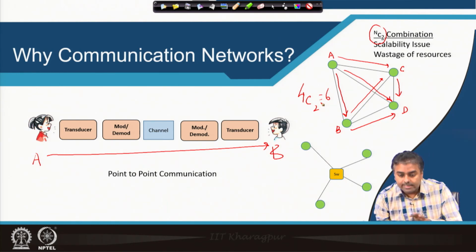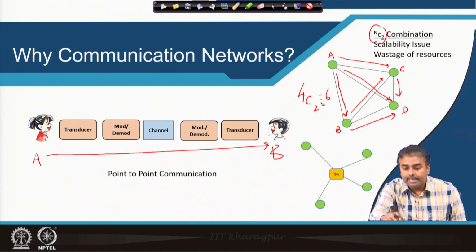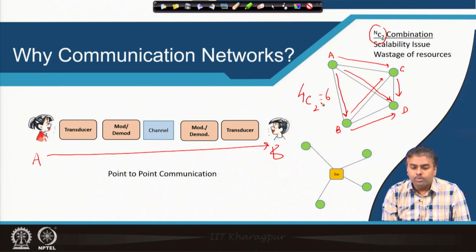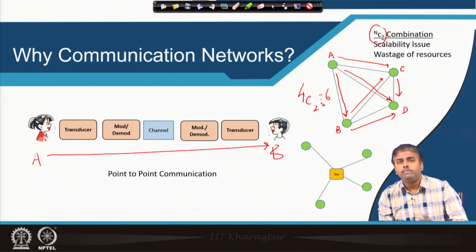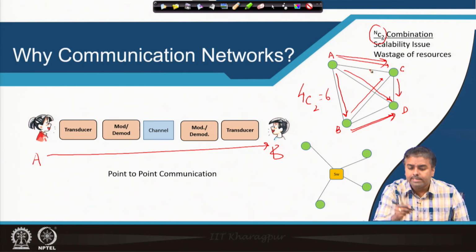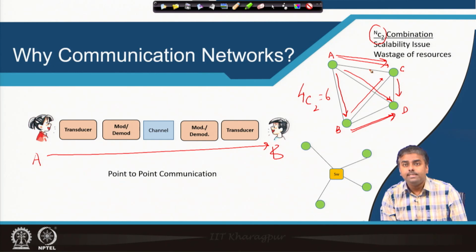So, let us see the scenario where I have constructed these 6 links, but what will be happening? Suppose A is communicating to C, and at that time B is also communicating to D. That is the maximum that can happen, all 4 parties are engaged. How many links are being utilized at that instance?